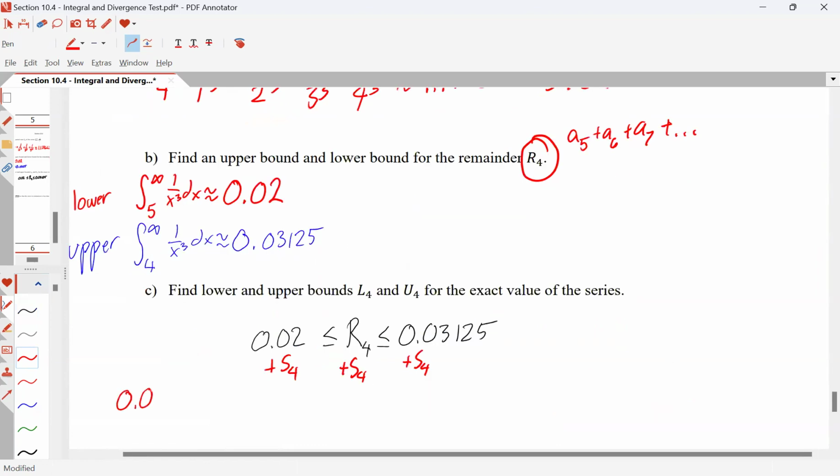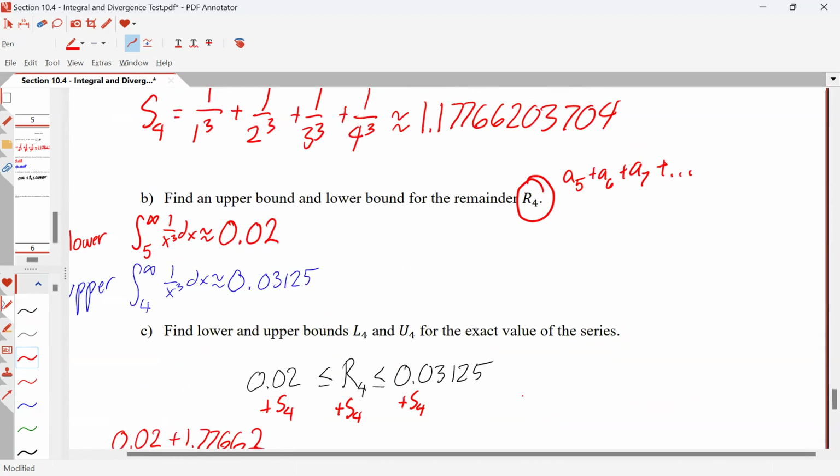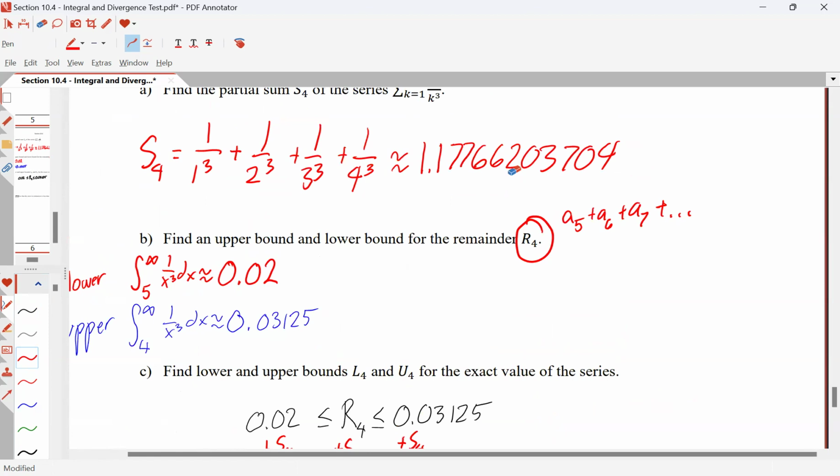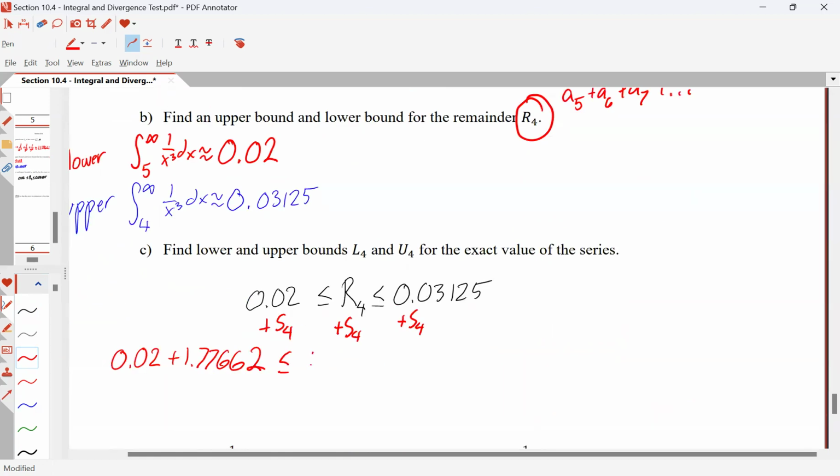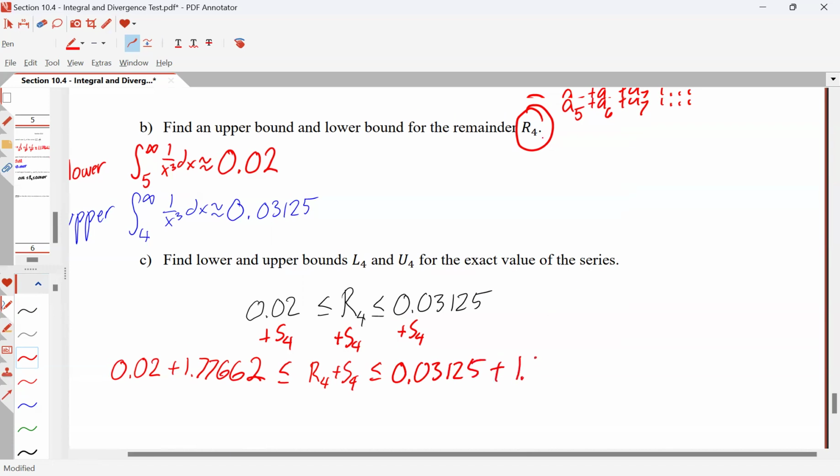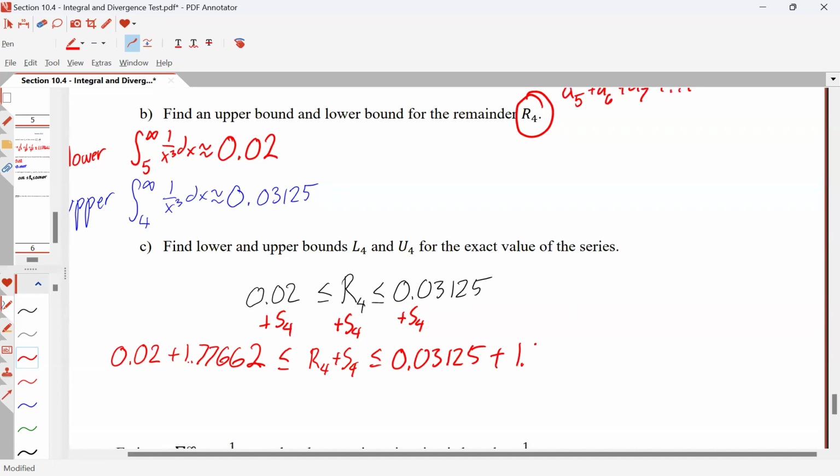So we have 0.02 plus 1.177662, I'm going to cut it off at that 2, which is less than R4 plus S4, which is less than or equal to 0.03125 plus 1.177662.